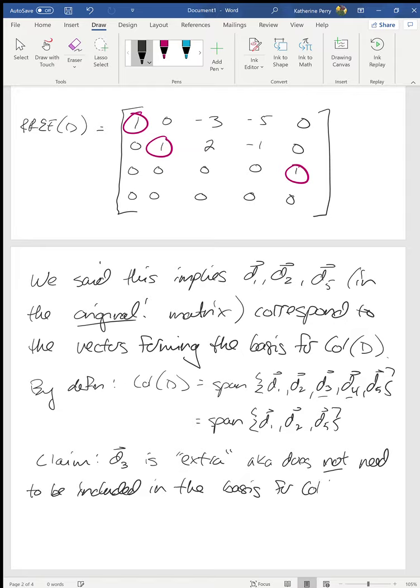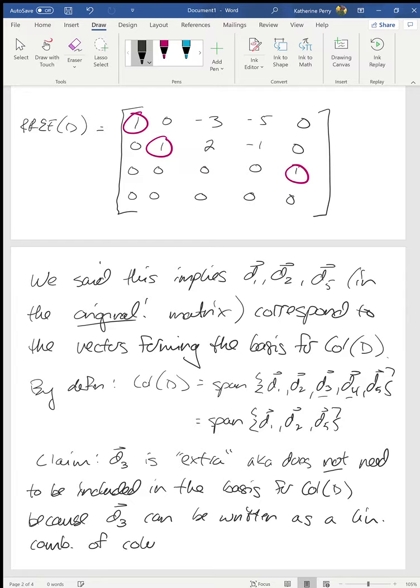for the column space of D, and that's because D3 can be written as a linear combination of columns D1, D2, and D5.